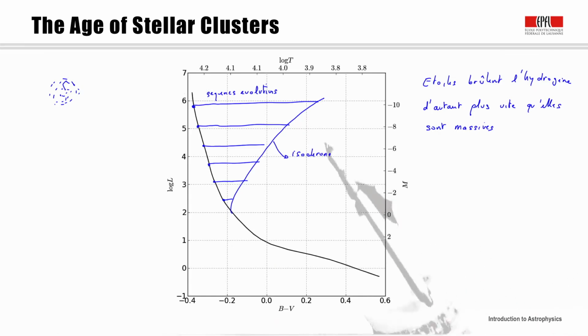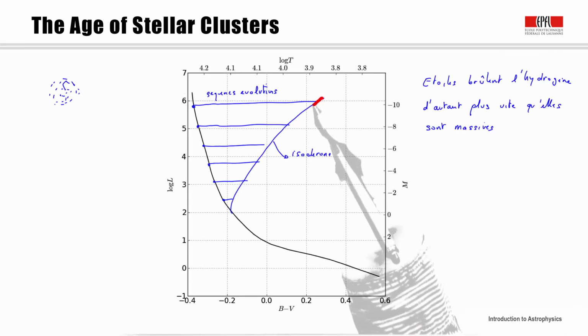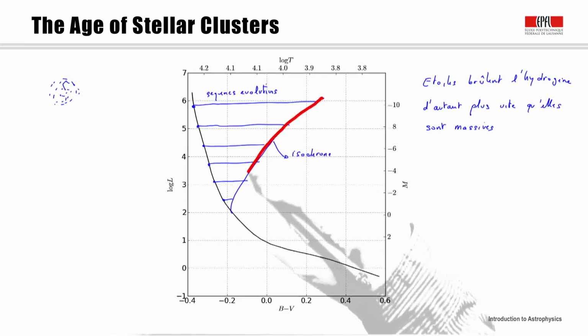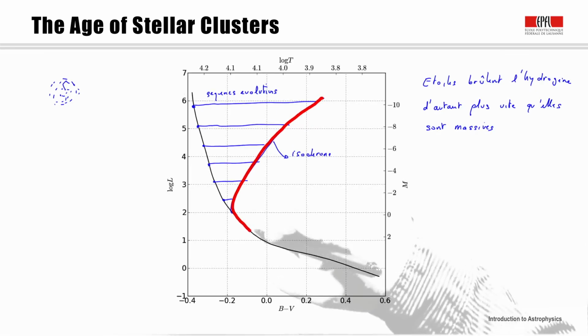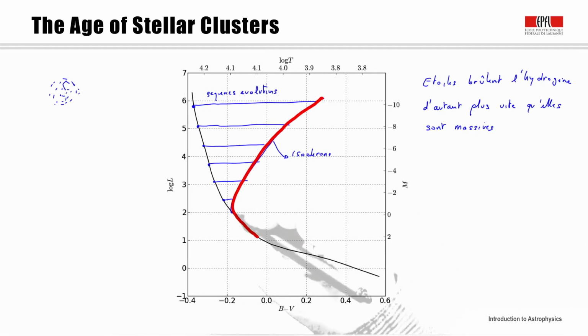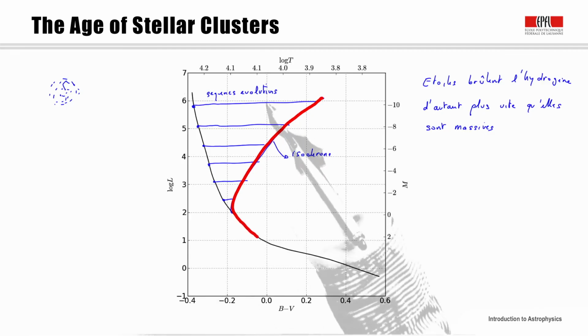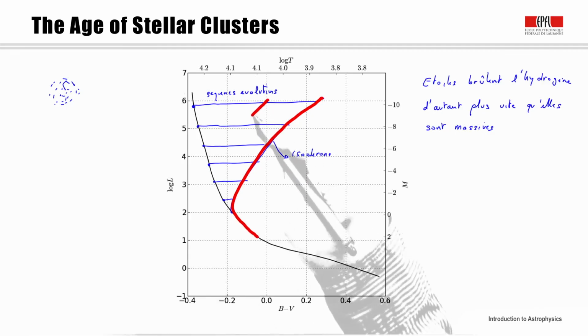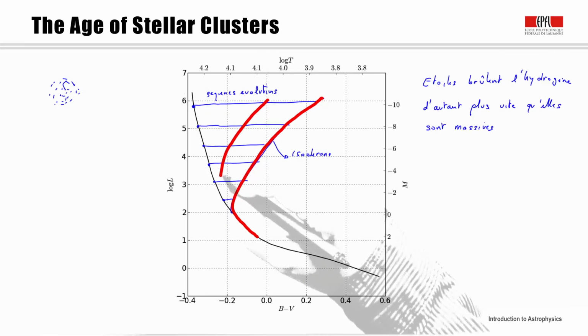I can here draw an isochronous curve like that. You see a knee on the isochron. There are stars leaving the main sequence, having the required mass to soon leave the main sequence. I may also have another isochronous line, such as this one, and so on.